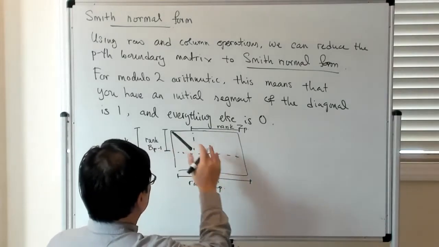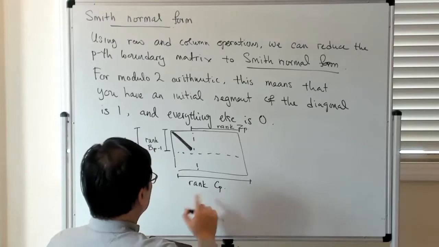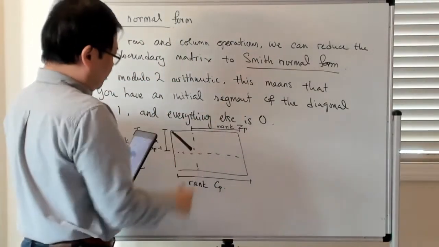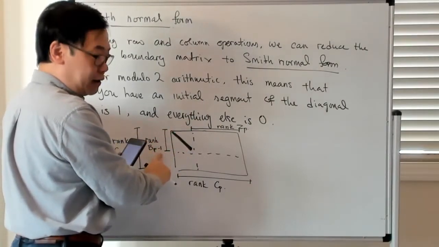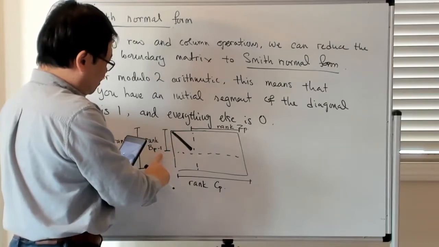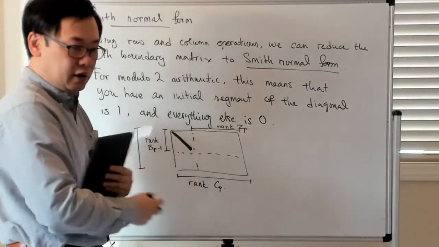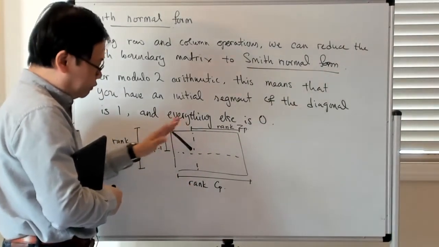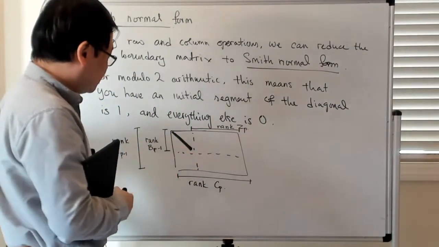All right, so in any case, that tells you a whole bunch of things. The point, of course, is that what happens with the Smith normal form is that it really tells you this rank B_{P-1}. But you also know the rank of C_{P-1} and the rank of C_P, just because of the way you've constructed the boundary operator, it requires you, amongst other things, to enumerate all the P simplices and P-1 simplices and so on.